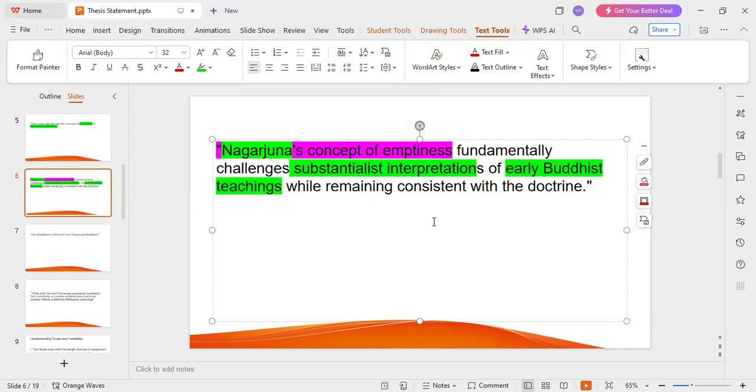So all these can be identified as keywords. And when you read all the scholarly interpretations related to this specific study area, you will find interpretations which argue for and against. You can refer to all these and base your argument on them.